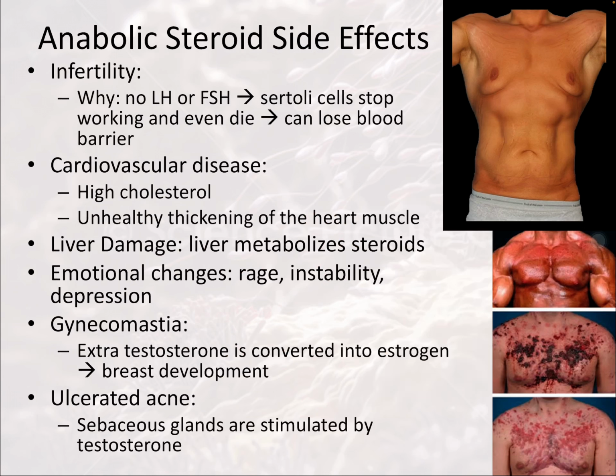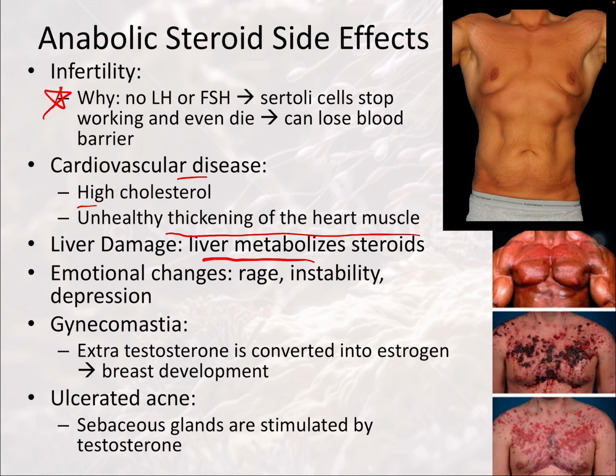Okay, so some side effects of anabolic steroid use: infertility, and we just kind of walked through that. And then secondly, cardiovascular disease. This can lead to high cholesterol, as well as an unhealthy thickening of the heart muscle because testosterone causes muscle growth. The liver is responsible for metabolizing those steroids, and so if we've got too many of them, that can cause liver damage.